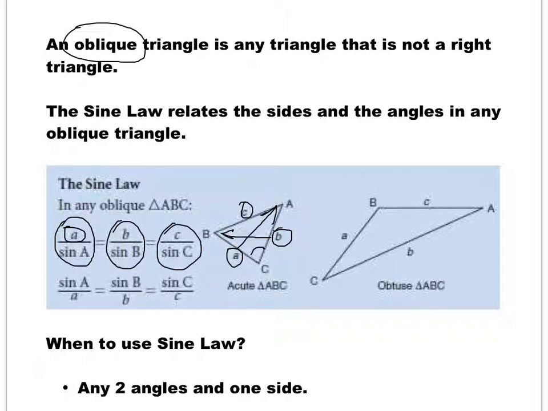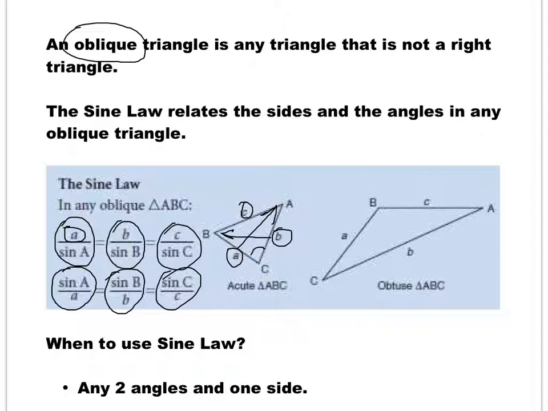We can also flip all these ratios. We get another equivalent ratio, which is going to have sine of the angle divided by length of the side in front of it: sine A over A, sine B over B, sine C over C. So this is another form of sine law.